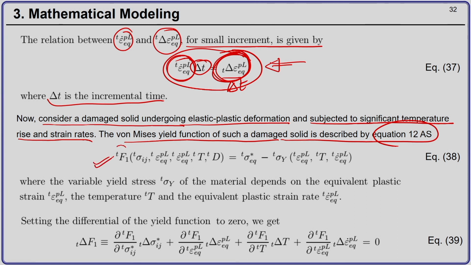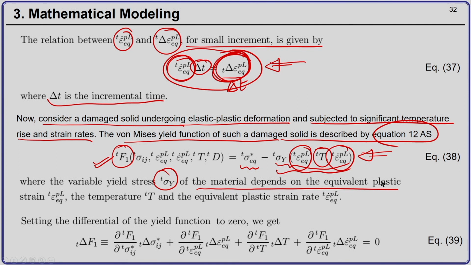F1 is nothing but the equivalent effective stress minus the yield value, and this yield value of the material will be a function of the plastic strain, the temperature and the strain rate, and this relation will have to be derived from experiment. Most often we use the Johnson-Cook formula, but right now we will leave it like this. So, here the variable yield stress of the material depends on the equivalent plastic strain, the temperature and the equivalent plastic strain rate.